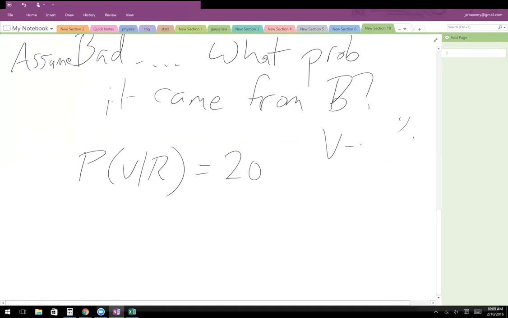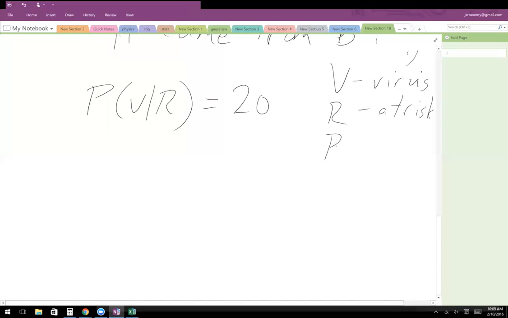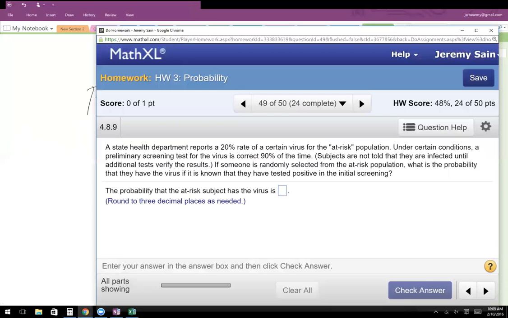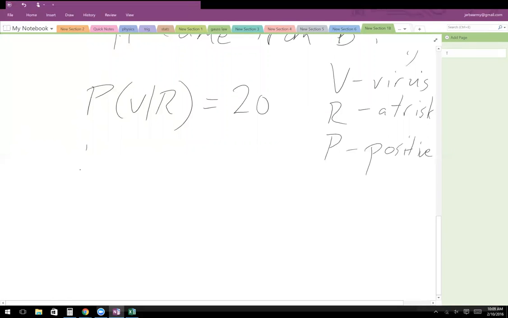We're going to say V is having the virus, R is being at risk, and let's say P is you tested positive for the virus. We know that the preliminary screening is correct 90% of the time. So the probability that you have the virus, given that you test positive, is 0.9.